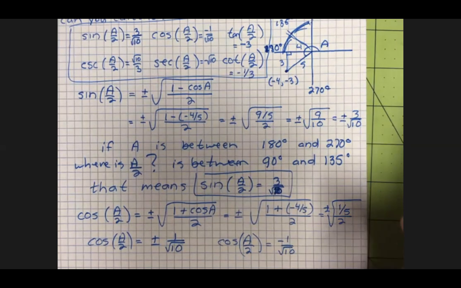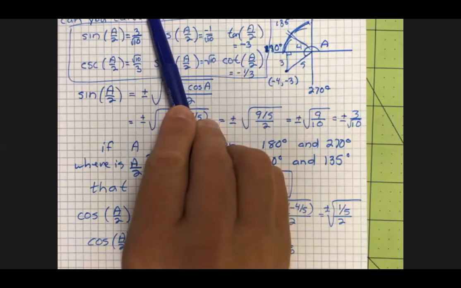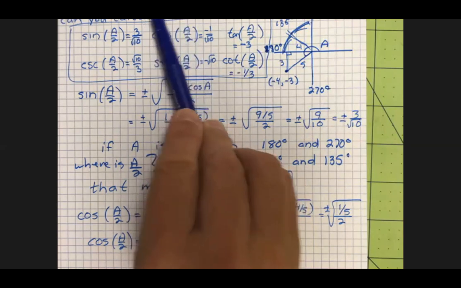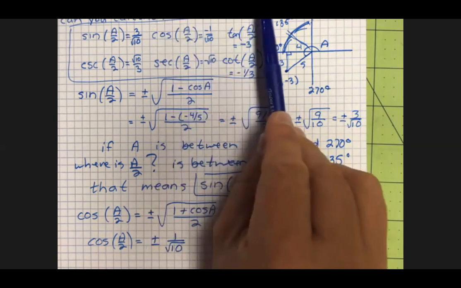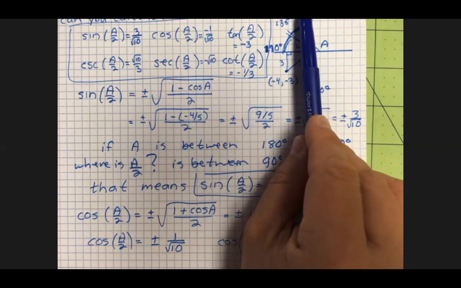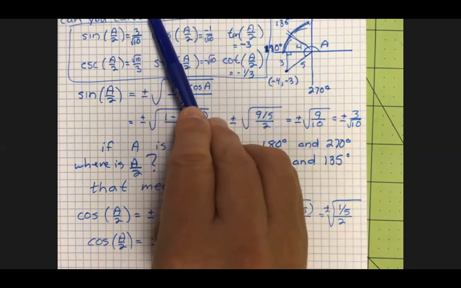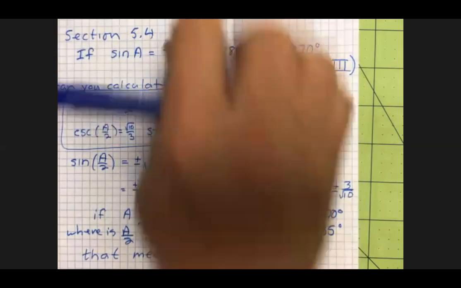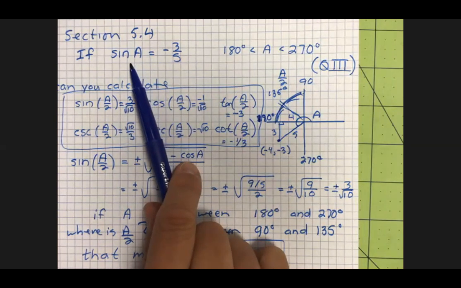So now we're demonstrating: if you know the bare minimum about any angle, you know one of the trig values and just where it lives, we've demonstrated you not only can find all 6 values for that angle, but you can find all 6 values for the double angle and all 6 values for the half angle.